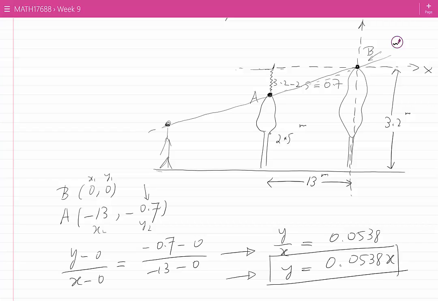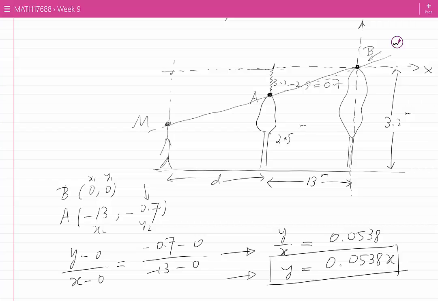Let's say the individual is D meters away from the smaller tree. D is a positive number, it's just the distance of the individual from the tree. If the individual was on the right side of the tree, we would still use D.